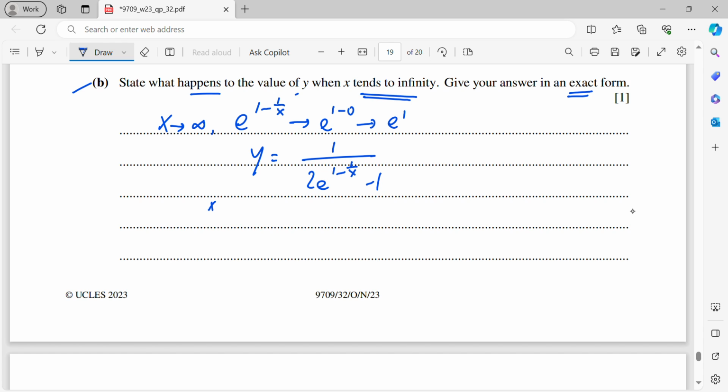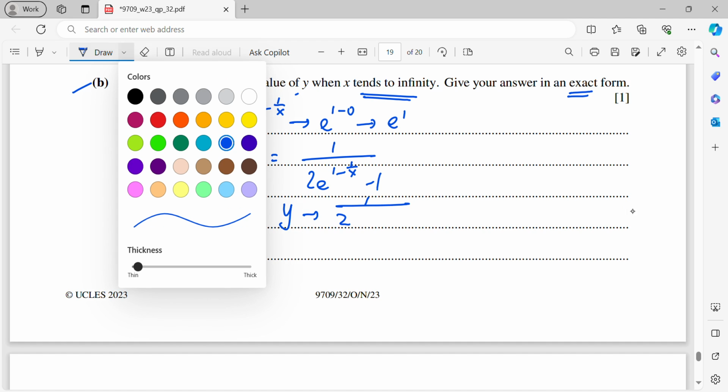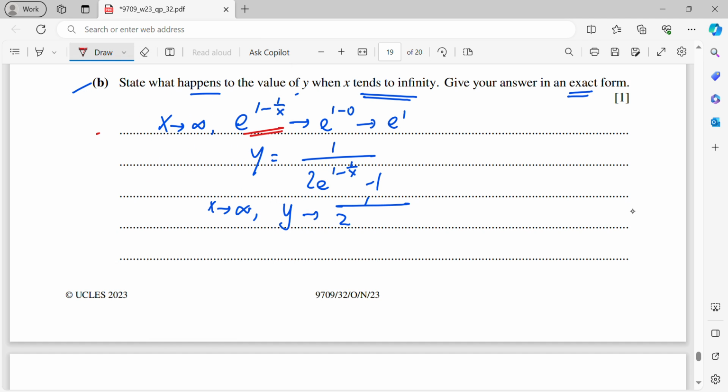So when x tends to infinity, my y will tend to 1 over 2. This whole e you need to replace by just e itself. Therefore, this will be e minus 1. Okay, that's the solution of the part B.